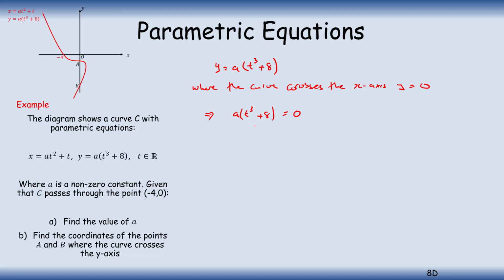So that means that either a is equal to 0 or t cubed plus 8 is equal to 0. One of them has to be equal to 0 to give us 0. Now, we know that a is a non-zero constant. We actually highlighted that earlier.